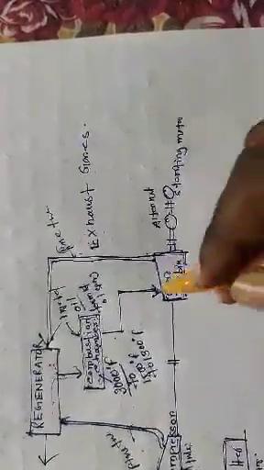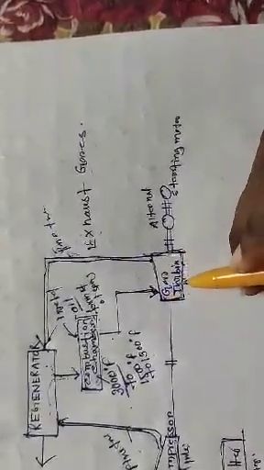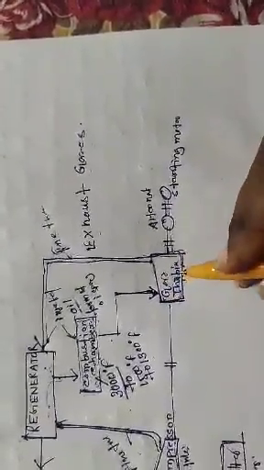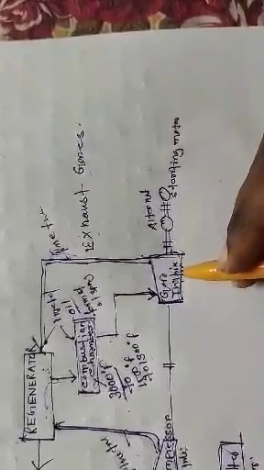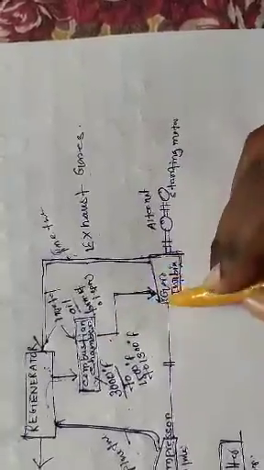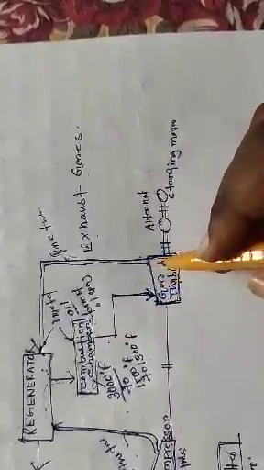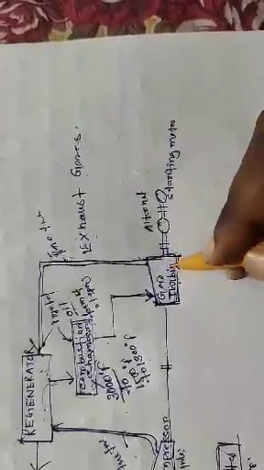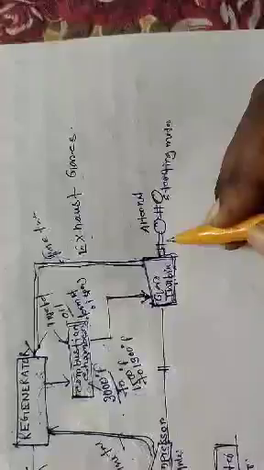This mixture then enters the turbine nozzle. Here the mixed gases are suddenly expanded and gain kinetic energy. This kinetic energy does the mechanical work to rotate the turbine shaft.